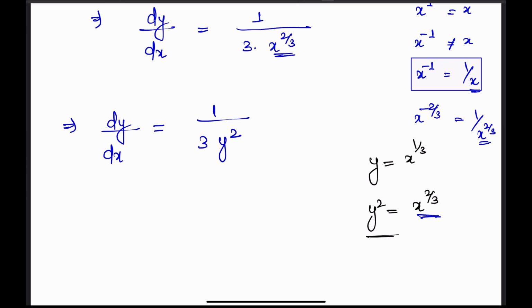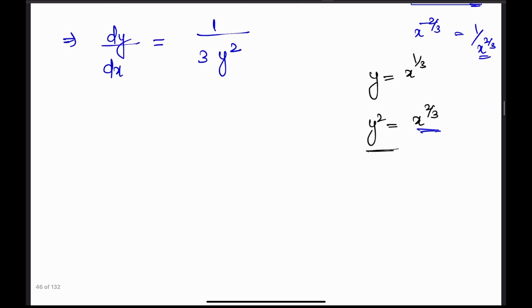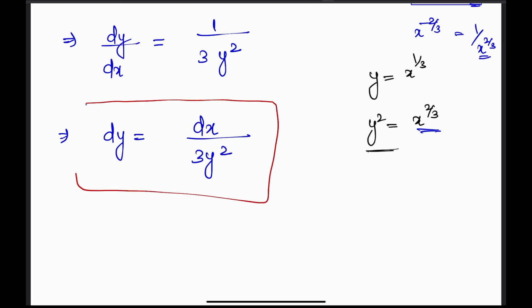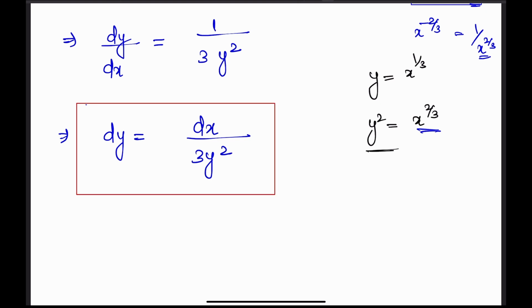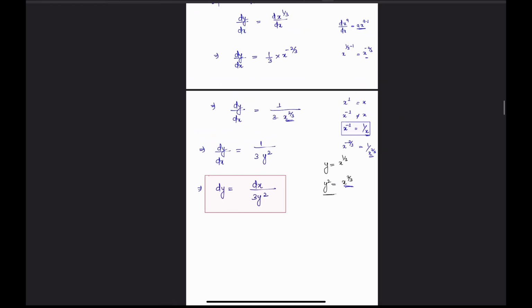So we can rewrite it as dy equal to, by cross multiplication, dx upon 3y square. This is the formula which we need to remember to solve this.